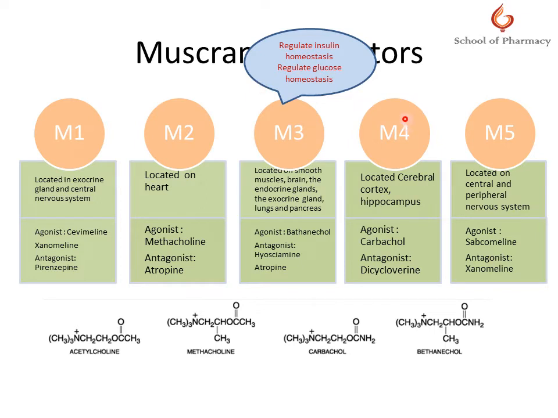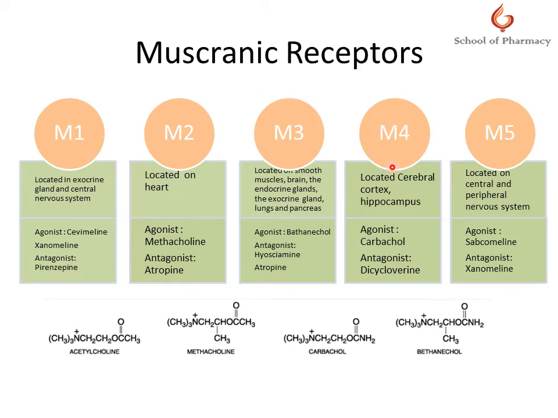Now M4, muscarinic receptor 4, is located in the cerebral cortex and hippocampus. The agonist is carbachol and the antagonist is dicyclomine. This agonist works to inhibit the acetylcholine autoreceptor. Now M5 is located in the central and peripheral nervous system, but it is not much explored.